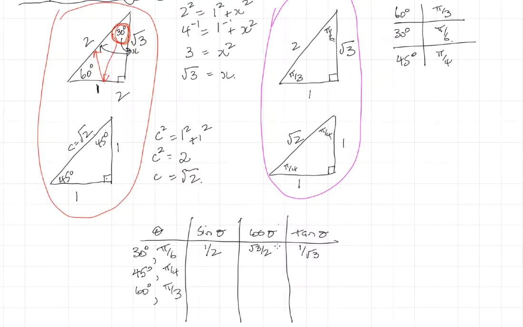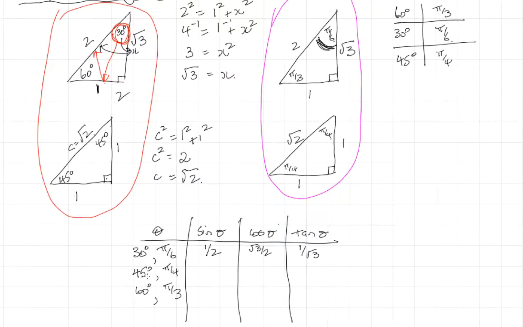It's also the sine, cos and tan of pi on 6. 30 degrees is the same as pi on 6, with the same lengths on the sides, so sine of pi on 6 will be equal to 1/2.